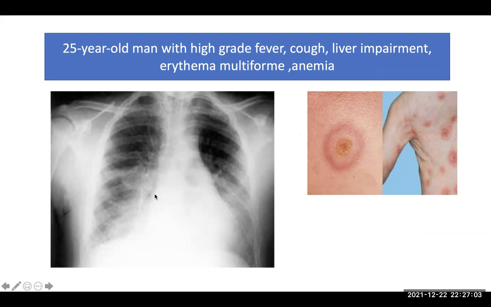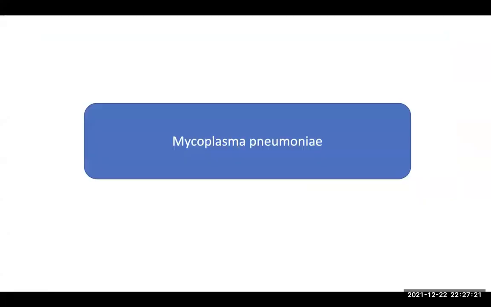So our diagnosis is mycoplasma pneumonia. We can suspect the organism from the X-ray, and it's actually very easy. If you know about all of these things, then I think you can diagnose this patient. So our diagnosis is mycoplasma pneumonia.